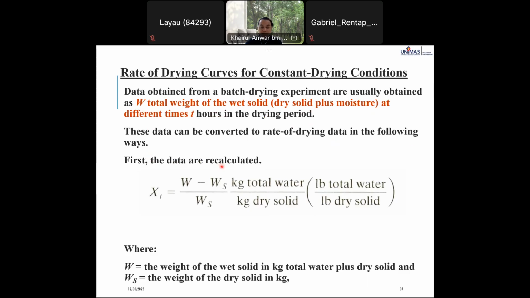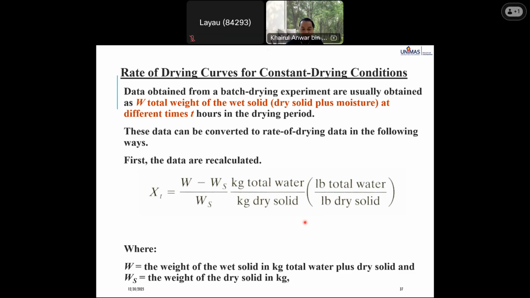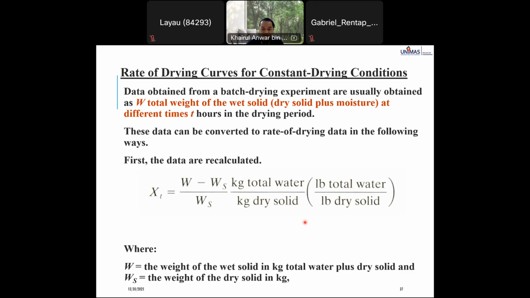First, we calculate Xt equal to W minus Ws over Ws, which is kg total water over kg dry solid. In this case, W refers to the weight of the wet solid in kg, total water plus dry solid, and Ws is the weight of the dry solid in kg.